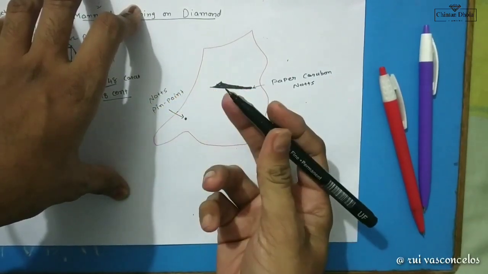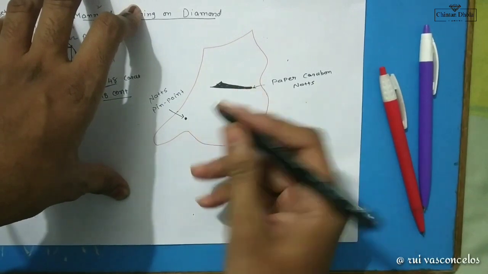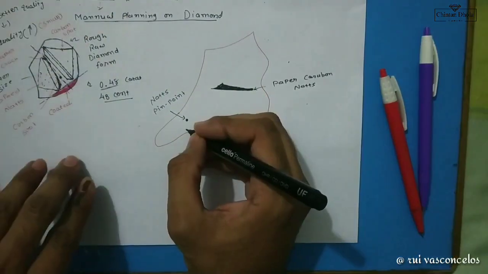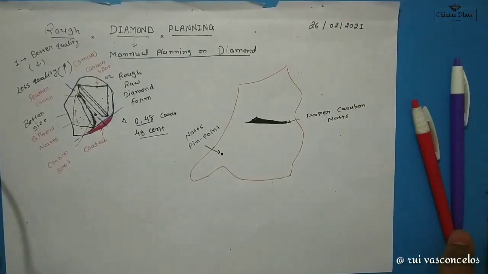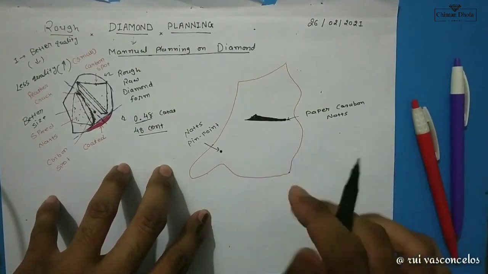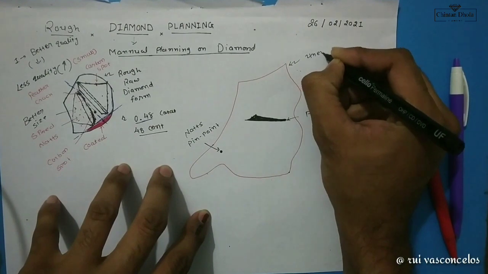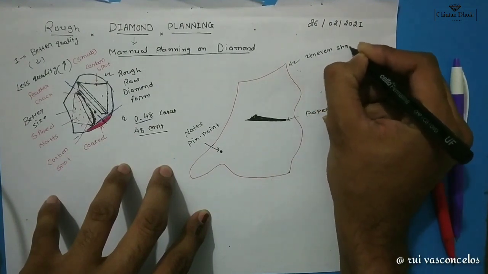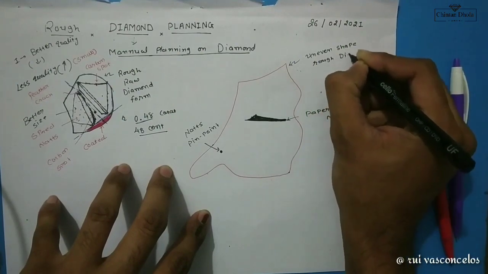You can see our point, and here also you can see there is one round and very small. This is a nut, a pinpoint nut. Now what to do and how can you do it? Now you can look here at what we can do on this rough diamond. We can say that it is an uneven shape rough diamond.